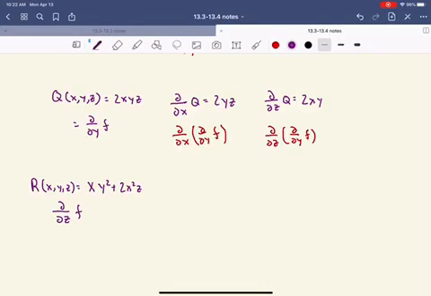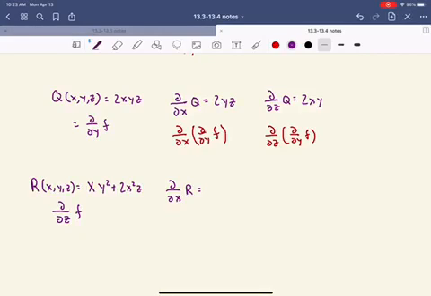So if we take the derivative with respect to x of R, we should expect it to match with one of the previous ones, the derivative with respect to z of P. Okay, let's see if that happens.